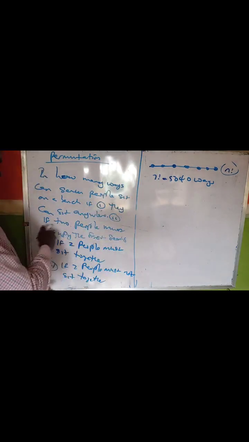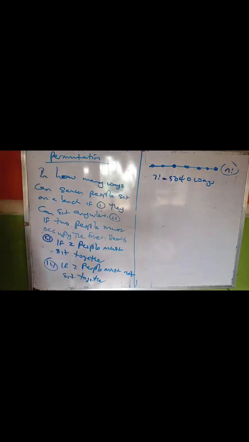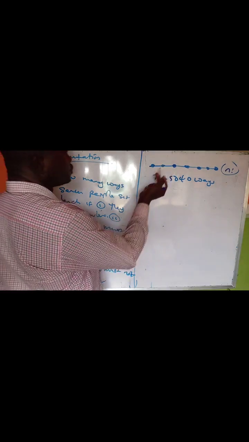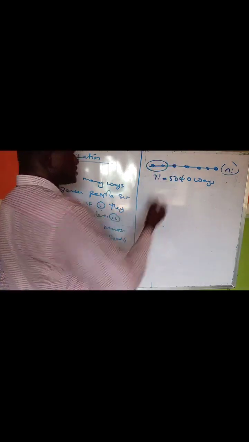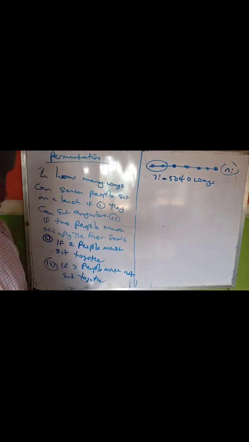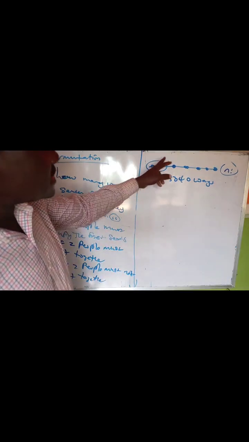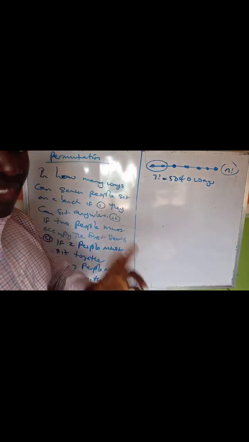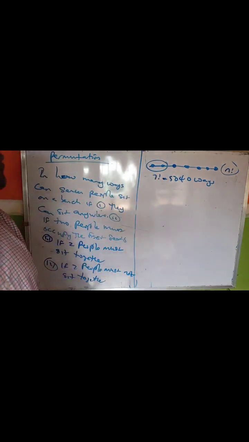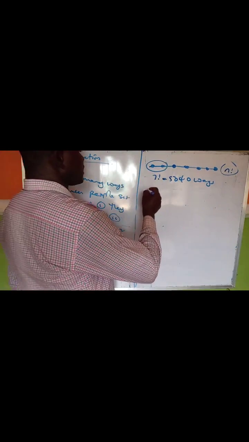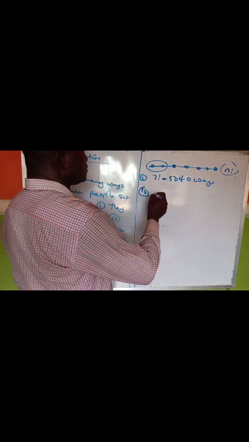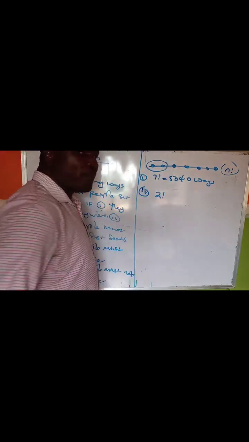Look at another one: if 2 people must occupy the first seat. They simply tell you that 2 people will occupy the first seat. They didn't tell you that the first person occupies one seat and the second occupies the other.